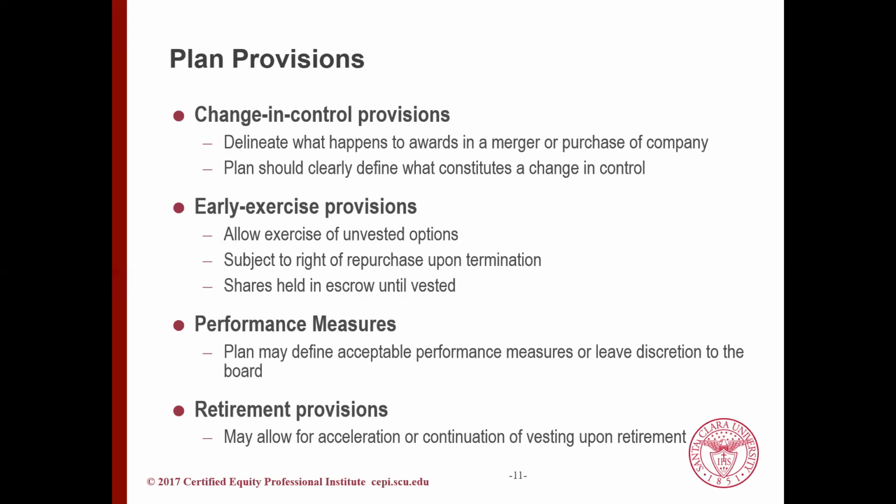There are also performance measures, and they have to be defined in the plan, and they leave discretion to the board. If they leave full discretion to the board, it's a little bit more difficult to get a plan approved by shareholders. So most of the time, the shareholders want to see every performance measure that you're going to use under the plan defined in the plan.